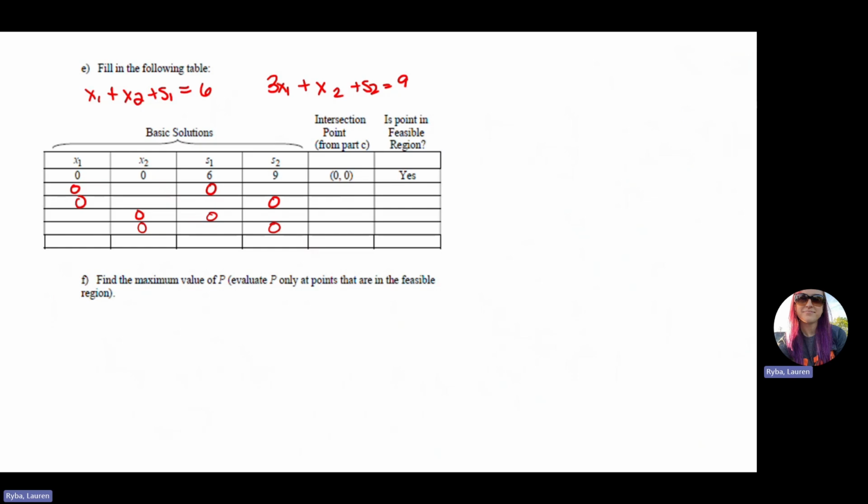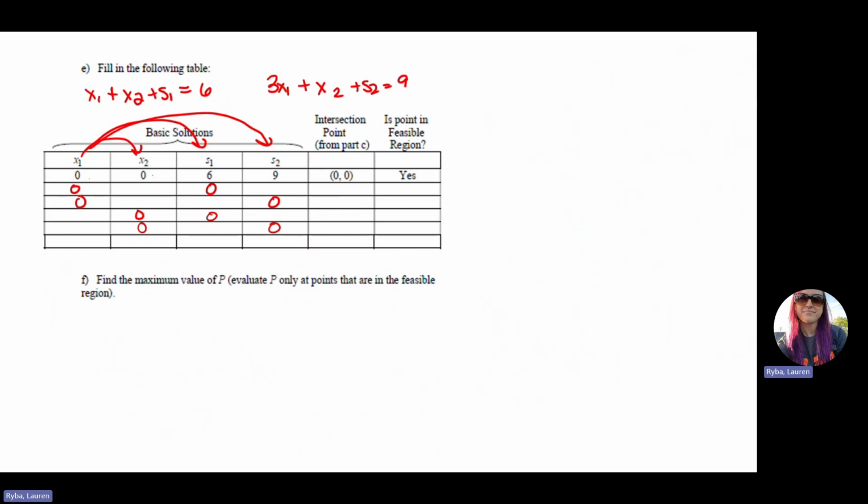There are only 6 pairs of zeros that you can make. So I just go through, pairing X1 with everything: X1 with X2, X1 with S1, X1 with S2. I'm just putting 2 zeros in every row, but I'm pairing them. Those are the 2 that are getting zeros in my problem.